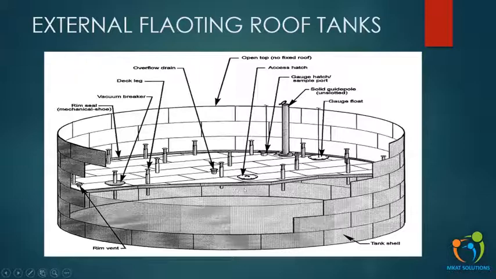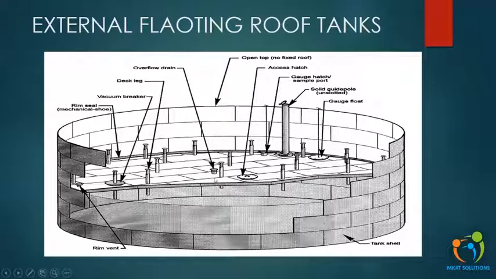If the fluid level goes up, this will also go up. It follows the Archimedes principle. It has some pontoons which have vacant spaces where air will be there, so that it will always remain on top of the fluid.